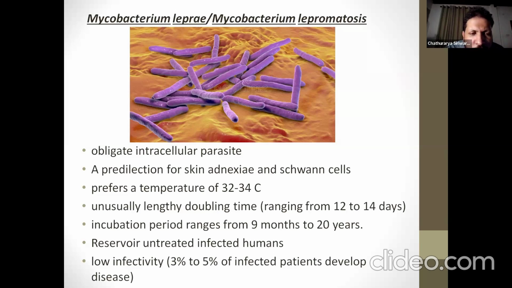Also, it's very important to note that not everyone who gets the bacterium gets the disease. 95% of us have immunity to eradicate this before it develops into overt disease, so that is quite important. Only 3 to 5% will go on to develop clinical symptoms.